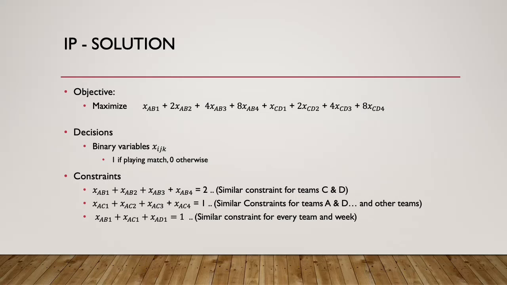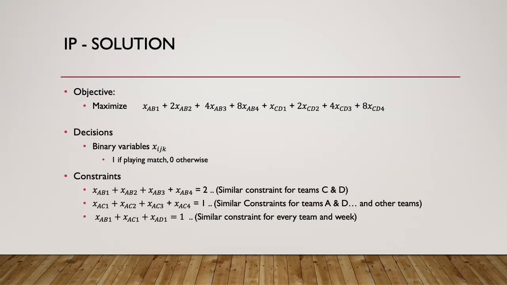That means if xab1 is playing in the first slot, then that variable is set to the value, and if it's not playing in the third slot, that is 4 xab3, then that contributes a value of 0.